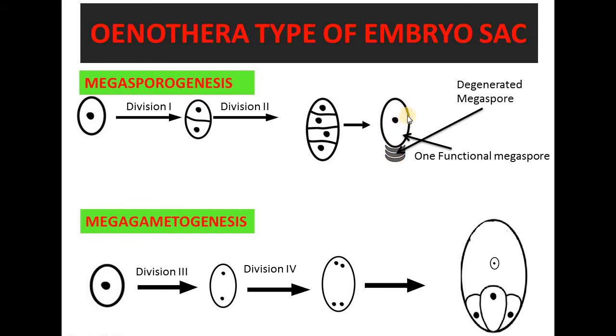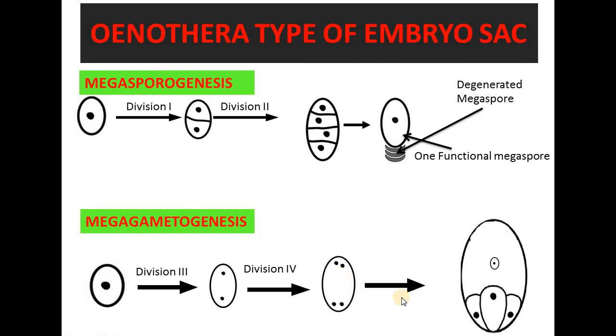Here the micropylar megaspore will remain functional, which has 1 haploid nucleus, and this is going to be divided by mitotic division. So 2 continuous mitotic divisions are there: 1 to 2 nuclei and 2 to 4 nuclei. Here the process will stop and only a 4-nucleate structure will be there.